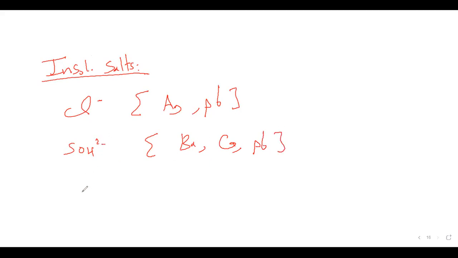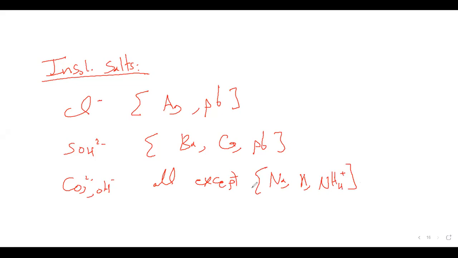In case of carbonate and hydroxide, all are insoluble except sodium, potassium, and ammonium. So again, the insoluble salts for chloride, silver and lead; sulfate, barium, calcium, and lead; carbonate and hydroxide, all except sodium, potassium, and ammonium.